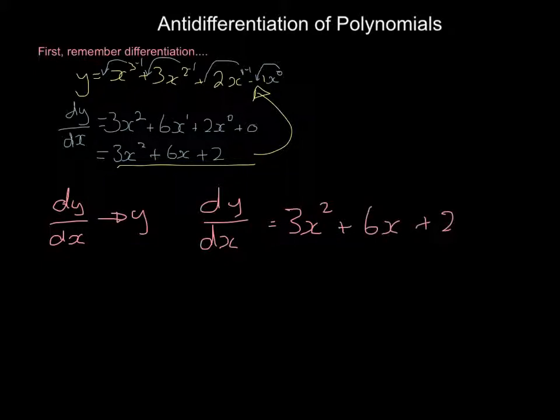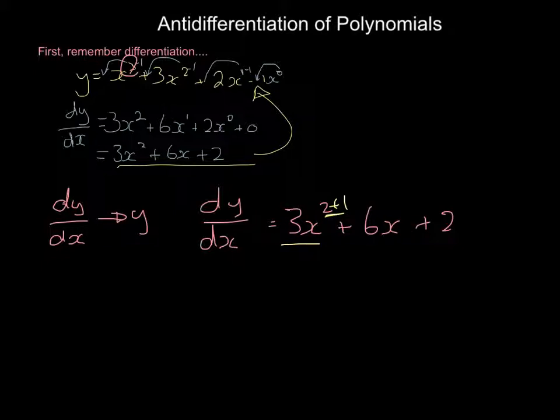Now, looking at our original question, up the top here, we can cheat a little bit. We were looking for a power of 3, so what we end up doing is we have to add 1 to that power, and then if you remember when we did the differentiation, whatever the power was in the first instance, we bring that out the front and multiply the term by that. So if we're doing the reverse, what we'd have to do is divide by what the power becomes.